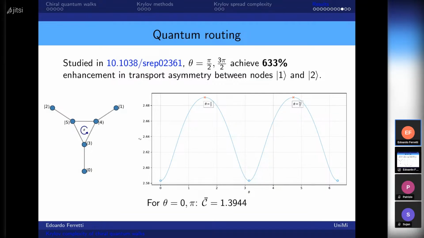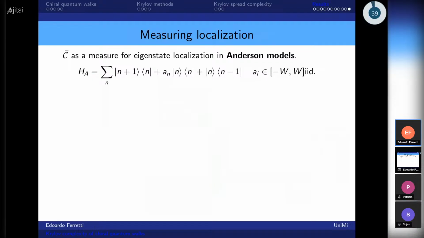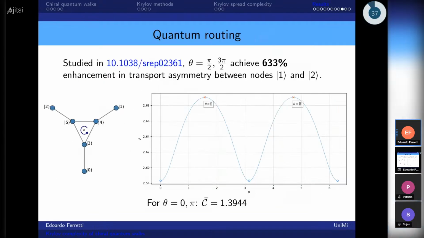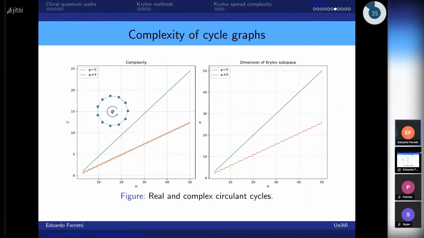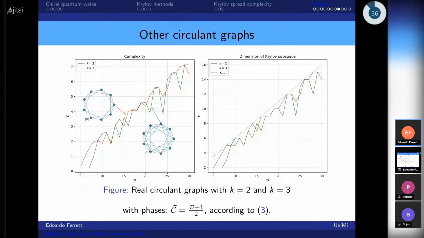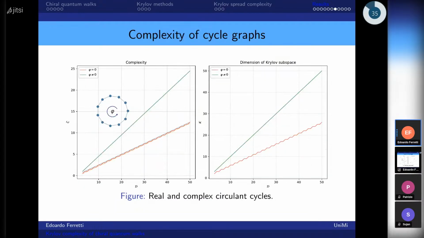But still, this is interesting because this is the first graph we see where there's a non-trivial dependence on the phase, because in the other cases, and I'm spoiling the results, the actual value of the phase is not important.